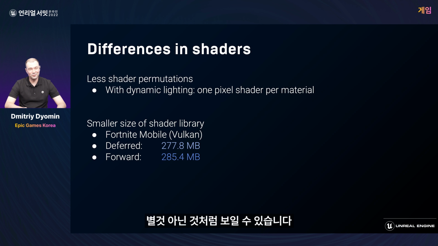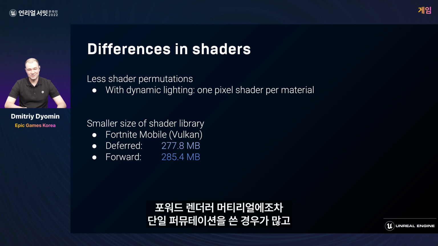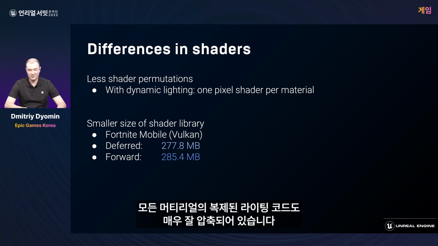It doesn't seem like a big win, but I should mention that Fortnite Mobile has already been optimized to reduce shader permutations as much as possible. There is often just a single permutation for materials even in the forward case. And duplicated lighting code in all materials compresses very well.